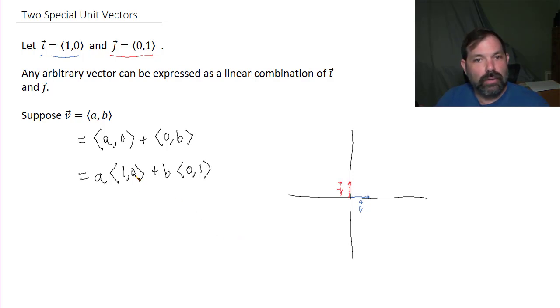Well, 1, 0 is the i vector, 0, 1 is the j vector, so this is the same as a i plus b j. So any arbitrary vector can be written as what we call a linear combination of i and j. And that becomes important later on in some problem solving.